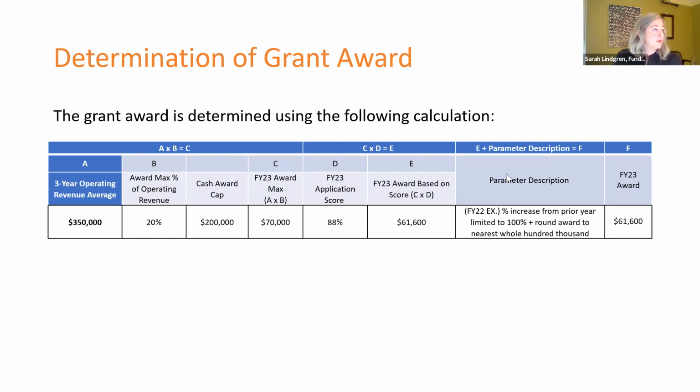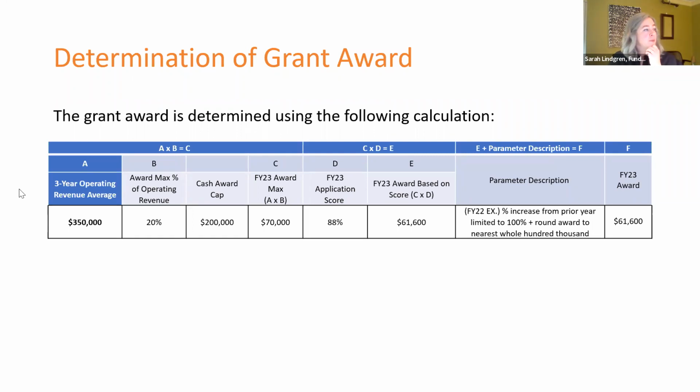So let's look at the first line, where it says 3-year operating revenue average. The first step in the calculation is A times B equals C. We've all gone back to high school algebra. So you can plug in this calculation for your own organization to understand how your grant award may be decided.